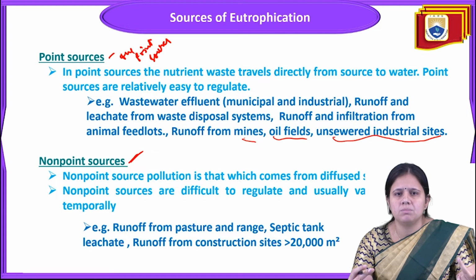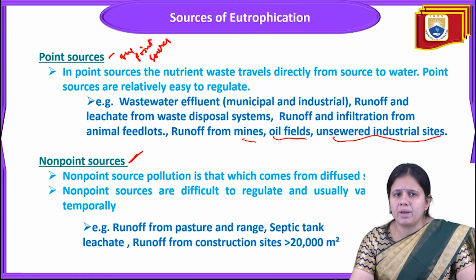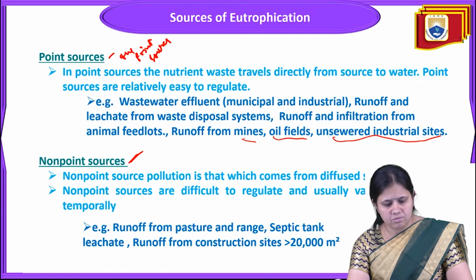First is the point source, a fixed point, like industrial effluents, runoff from animal feedlots, and wastewater effluent. Non-point source means the point is not fixed, it is coming from anywhere, like leaches from any septic tank and runoff from pasture or rains. So this was about the sources of eutrophication.